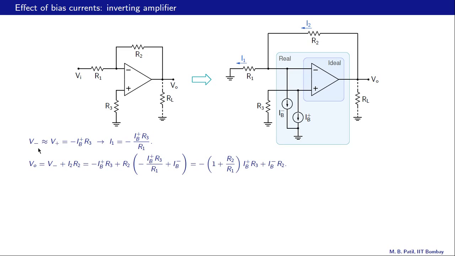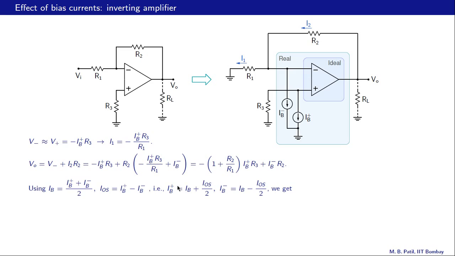We already know V minus from there. I2 is I1, which is this quantity, plus IB minus. So all that can be written as this expression here, minus 1 plus R2 by R1 times IB plus times R3 plus IB minus times R2.